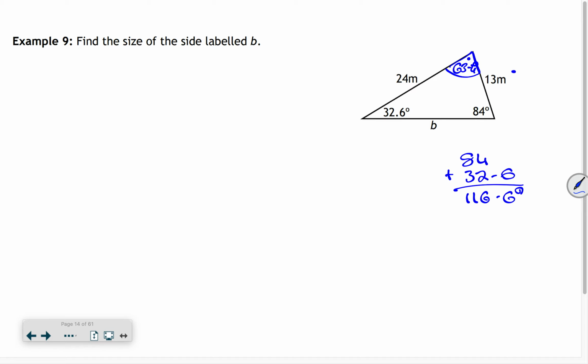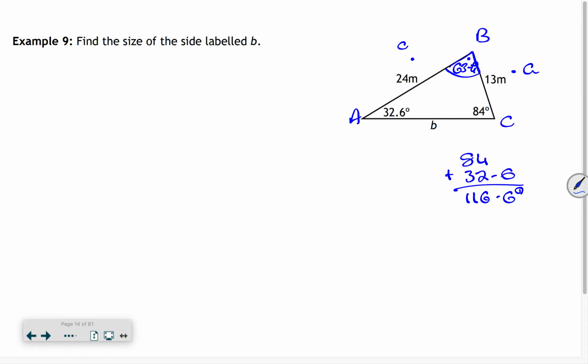And there I have my side, and my included angle. So we're asked to find the side that's called B. So if that's B, we'll call this here angle B. So if this is angle A, we'll call this small a. And if this is angle C, we'll call this small c.